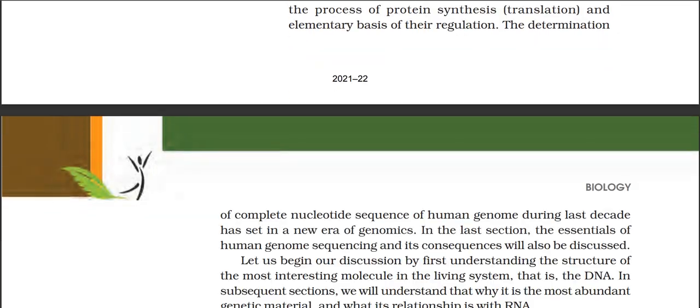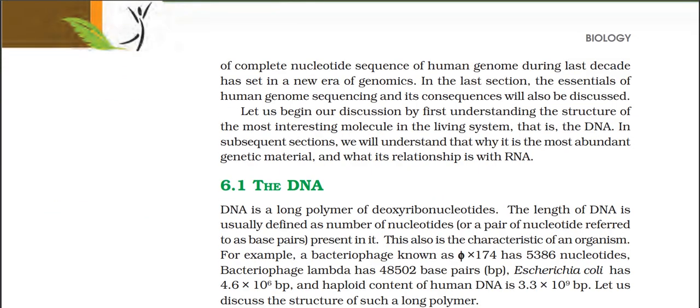The determination of the complete nucleotide sequence of the human genome during the last decade has set in a new era of genomics. In the last section, the essentials of human genome sequencing and its consequences will also be discussed.